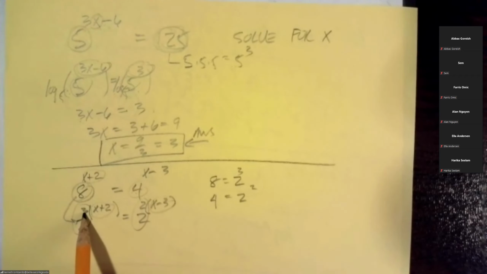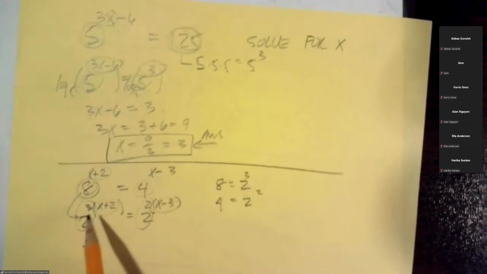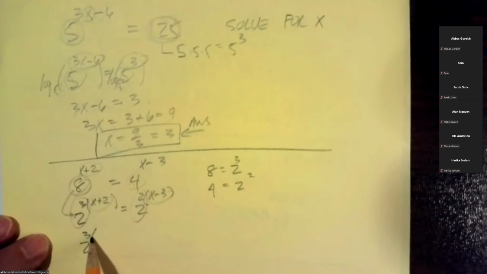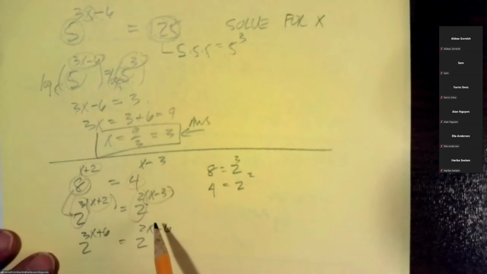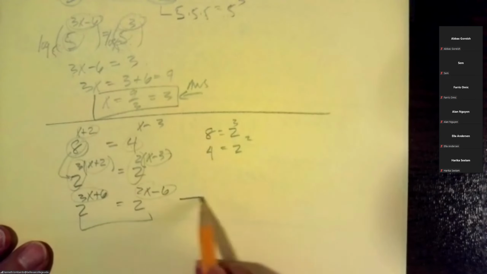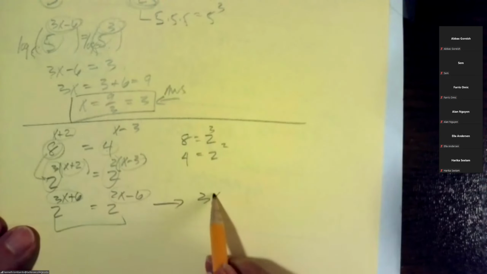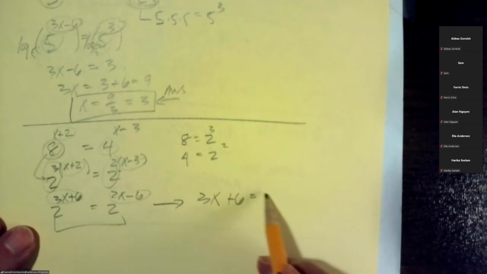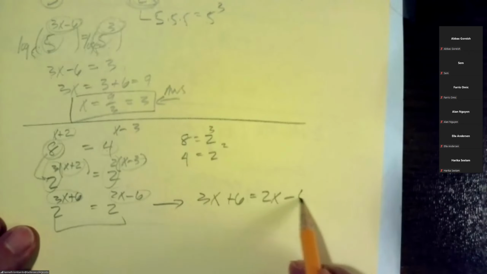So now I can just multiply through. I can say 2 to the 3x plus 6 equals 2 to the 2x minus 6. And because the bases are the same, I can just set these equal to each other. So that can look like 3x plus 6 equals 2x minus 6.